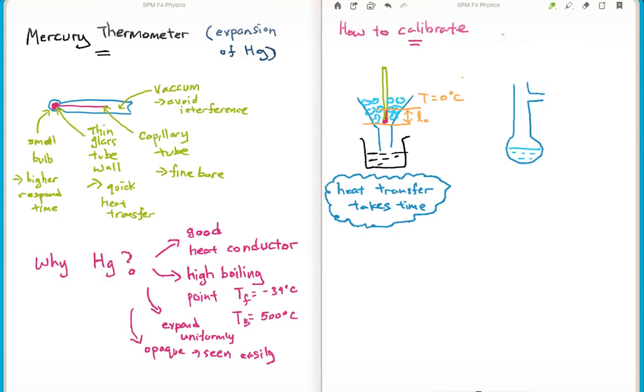the position of this thermometer, sometimes you need to confirm with your teacher whether you need to put it here or in the middle. Okay, in some questions that come out, they ask where would be the actual boiling point. The moment it's boiling, the steam comes out, is really, really hot. So I would put it at the same level where the steam goes out.